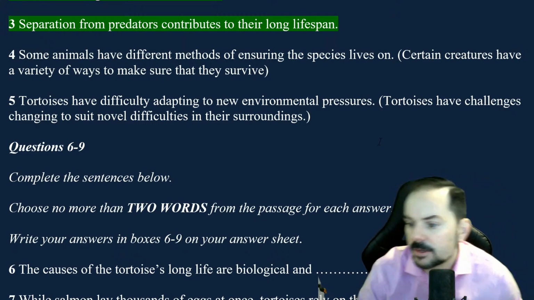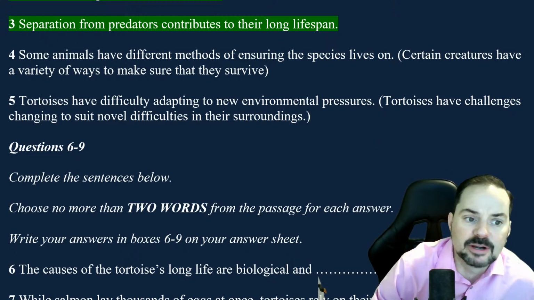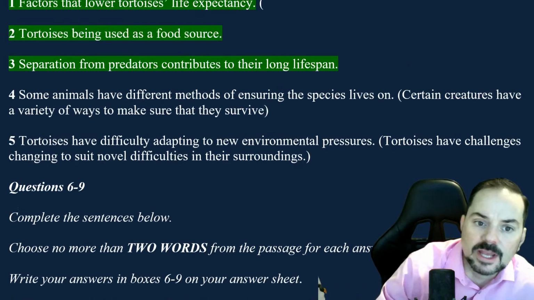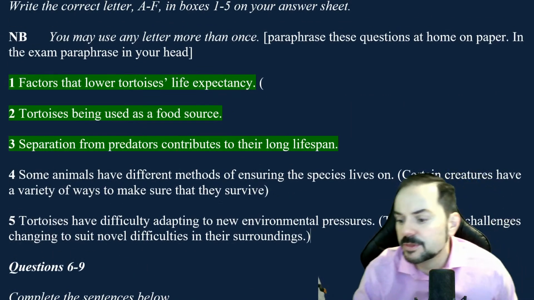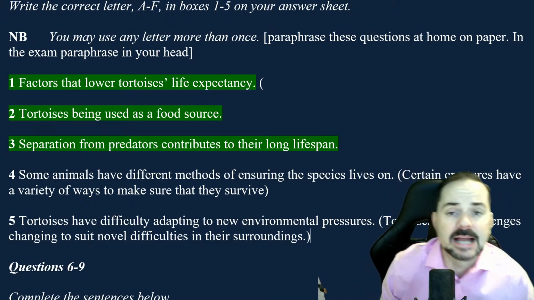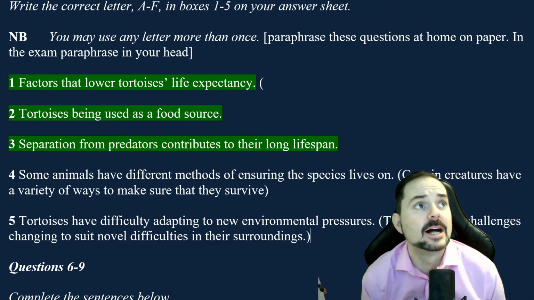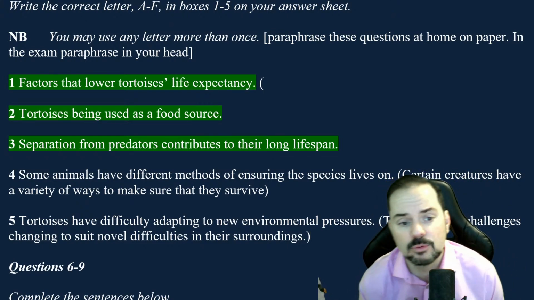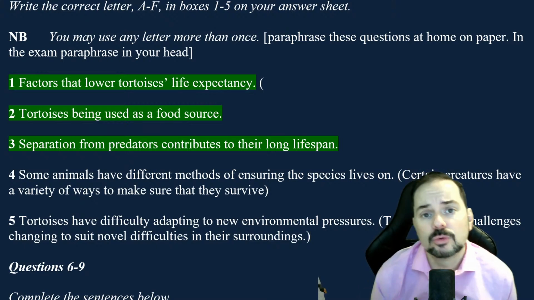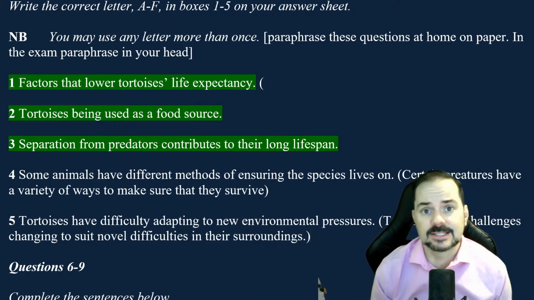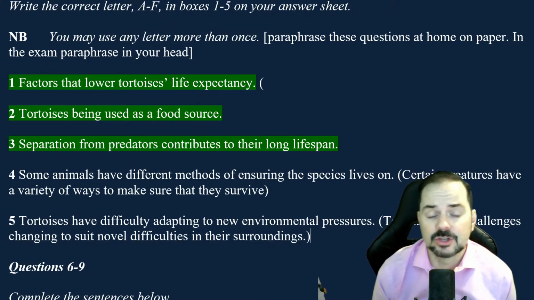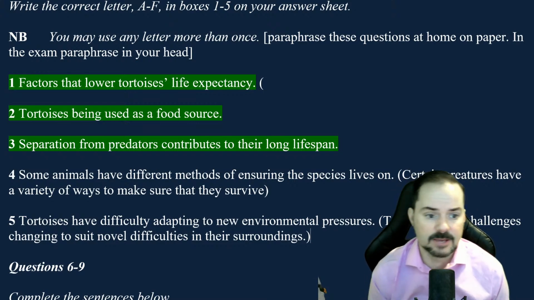Okay. All right. So I've paraphrased number 4, number 5. I'm still waiting for the paraphrasing for 1, 2, and 3, everybody. Practicing paraphrasing before your IELTS exam is extremely important because that is the main tool used by the IELTS examiners to test your English. Okay.